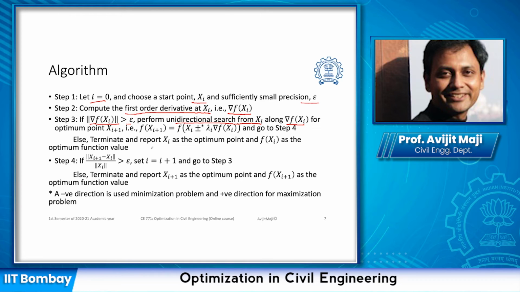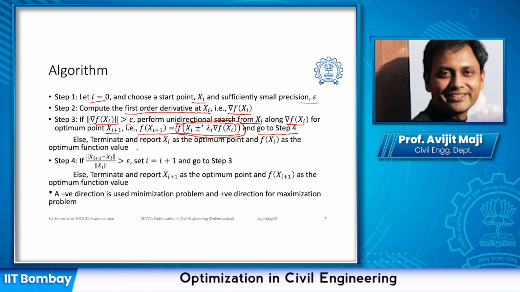This search is going to lead us to the optimum point, which is going to be our next point, and this optimum point's objective function value can be represented this way. If we solve this equation, we can optimize the lambda value, and once we optimize the lambda value, we get the new point, and once we get the new point, we move to step 4.